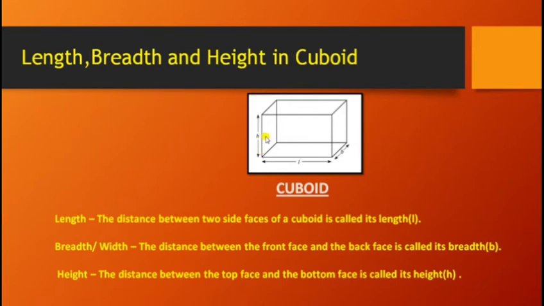So this is the height, another height, next height, next height. This is length, this is also length, this is also length, this is also length. This is breadth, the above one is breadth, opposite of that is also breadth, and opposite of this is also breadth. So these are the initials we will be using for length, breadth and height in the case of cuboid.